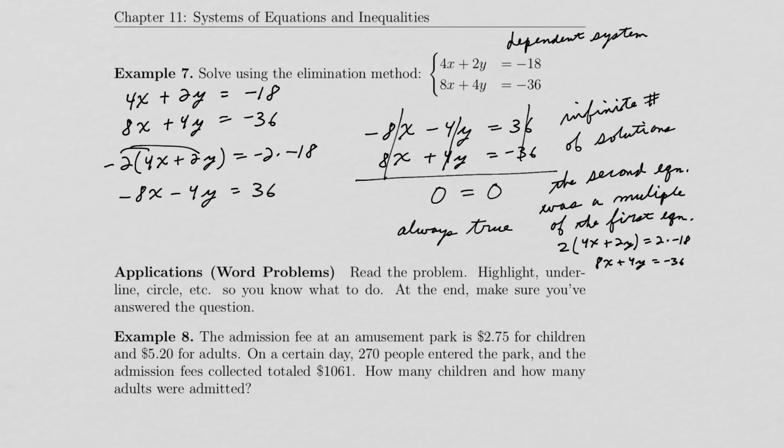That would just be a case where the right-hand side does not add to 0. So if the left-hand side adds to 0, let's say the x's and y's are eliminated, but the right-hand side was like 3 or negative 7 or something, not 0, then that's never true, and that would be a case where the two lines are parallel and there's no solution. Okay, so those are like the two special cases.